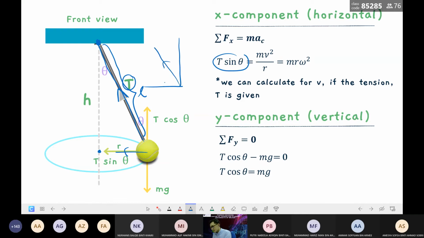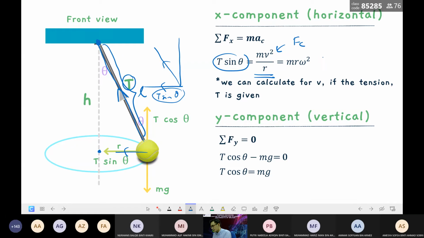There is no other forces lah, only T sin theta. So that's why I just equalkan T sin theta dengan mv squared over r, this is our Fc.